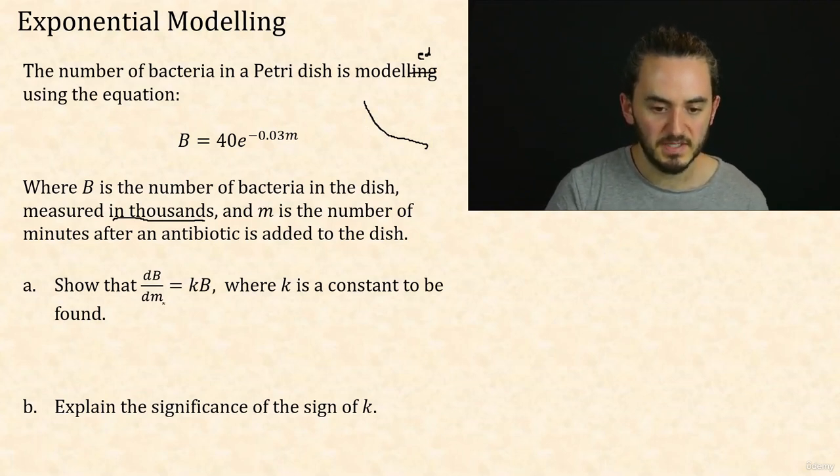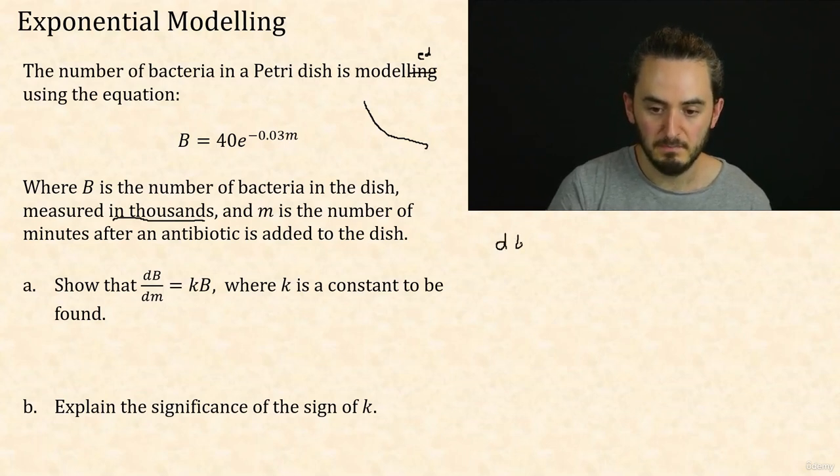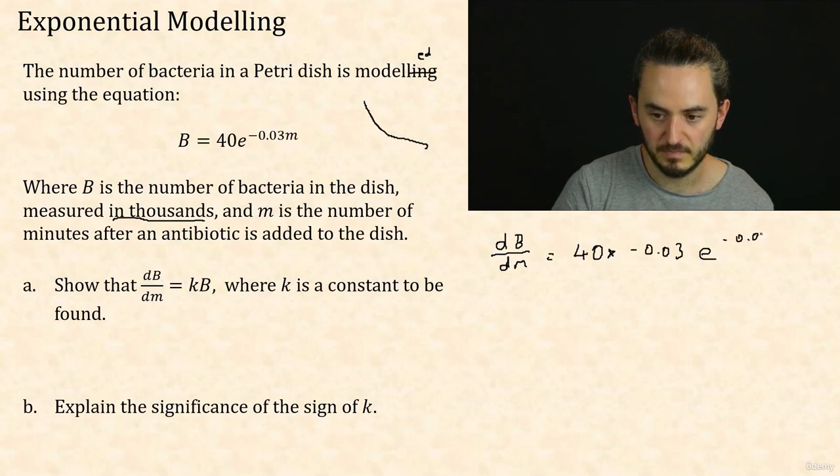Show that dB by dm is kB, where k is a constant to be found. Okay, slightly weird or unusual looking question, but it's asking us for the derivative. So let's just find it. dB by dm is, well, the 40 just stays where it is, and then we multiply by the coefficient there, minus 0.03, and the exponential bit just remains unchanged. Okay, so is that some multiple of B?